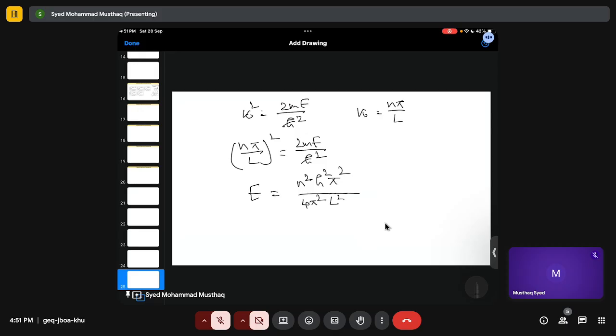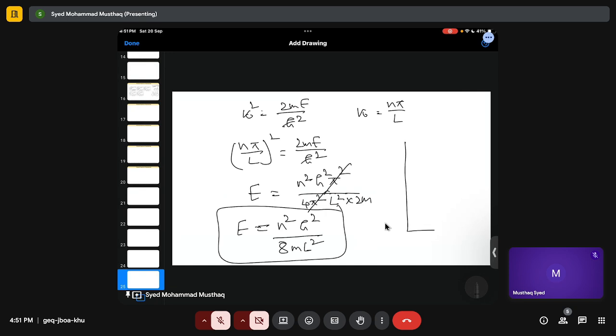There is 2 times 2. So pi square gets cancelled, and the energy will be n square h square upon 8m L square. So this is what you have seen. This is the allowable energy levels.